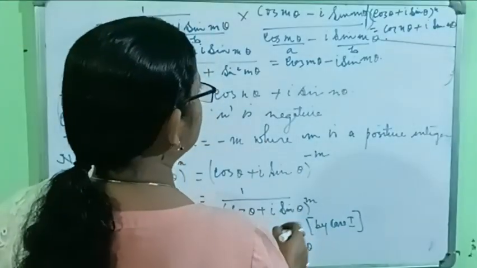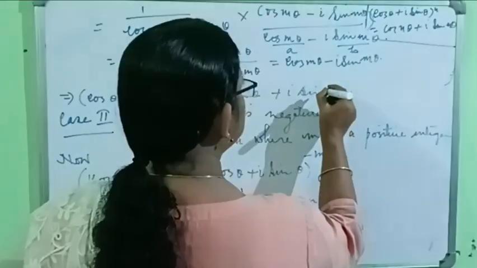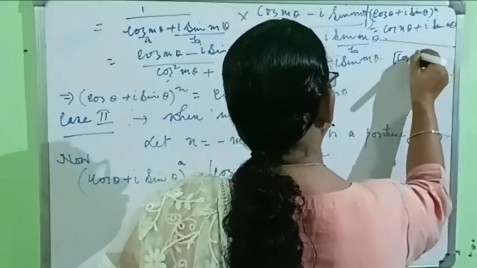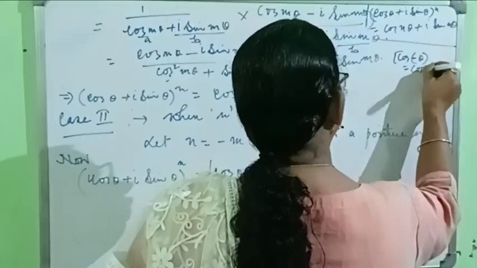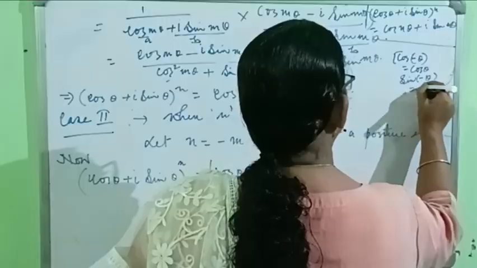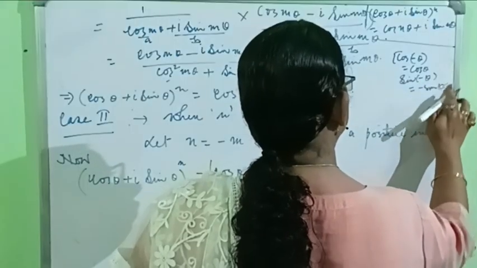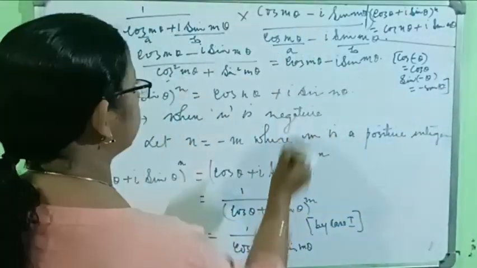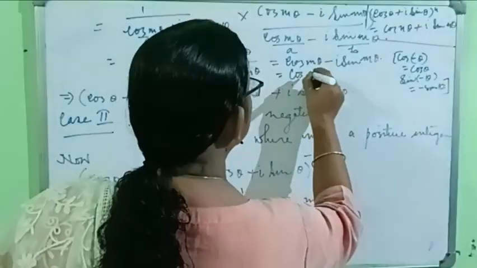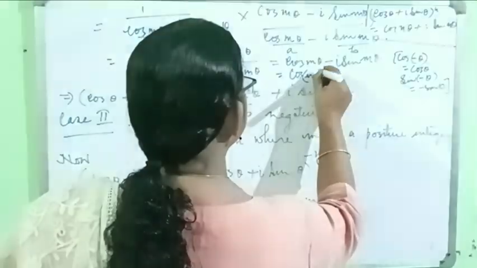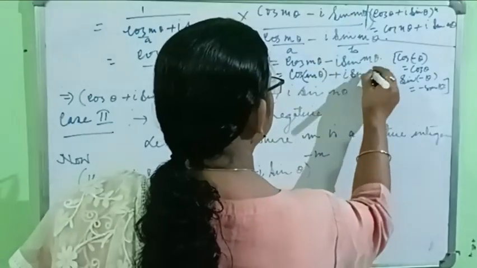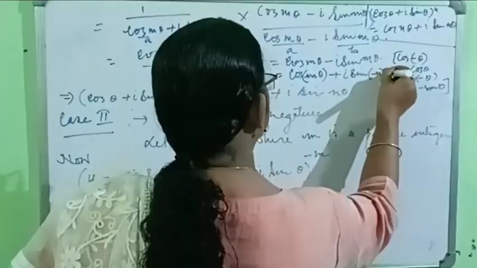Next, we know that cos is an even function. If cos is an even function, then we can write cos(minus theta) is equal to cos theta, and sin(minus theta) is equal to minus sin theta. This is minus m theta, this is plus i, I am bringing this minus to here, this is minus m theta.